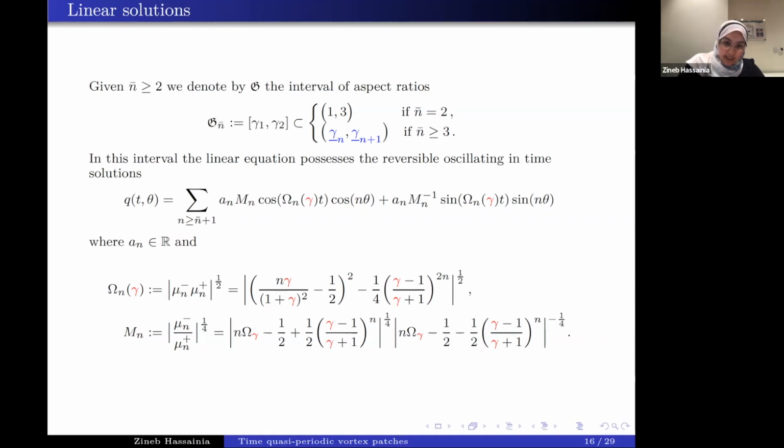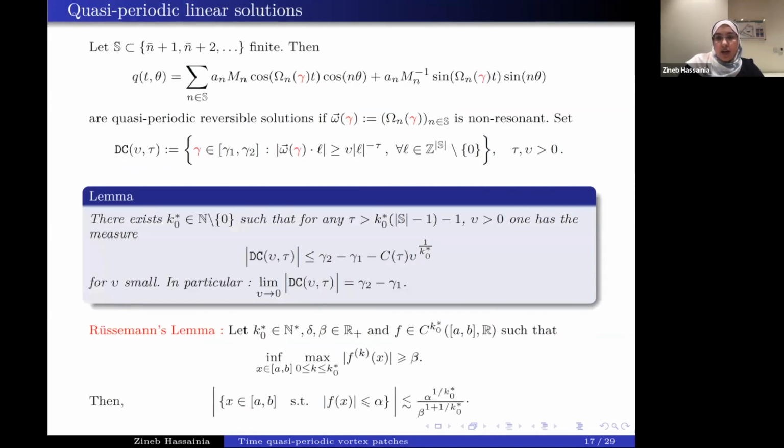And then if I select a finite number of sites from the elliptic directions, I can get a quasi-periodic solution if the frequency vector is non-resonant. Actually, we can prove that the set of values of gamma for which the frequency vector is Diophantine has asymptotically full measure, in the sense that when nu goes to 0, the set has full measure.